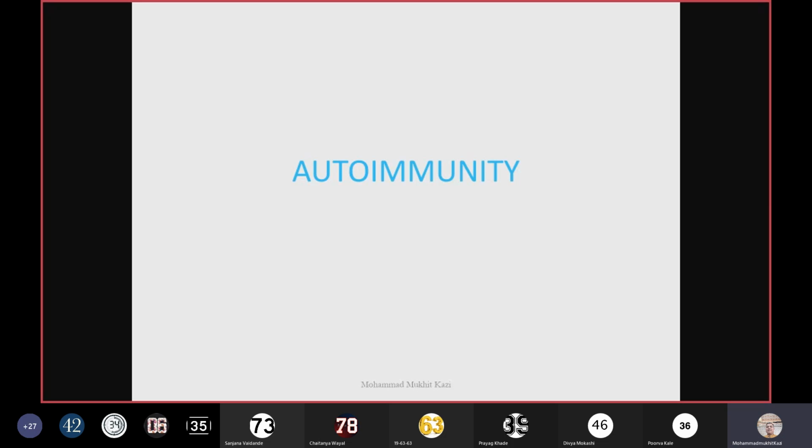This is very essential to distinguish self from non-self, because if your immune system does not recognize self from non-self, then there will be a problem. The immunity which is actually protective will lead to harm.